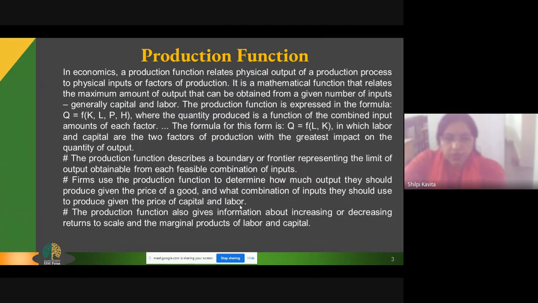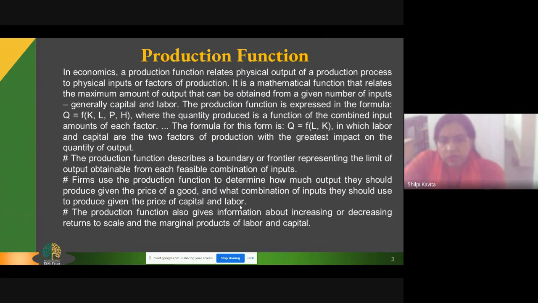The production function describes a boundary or frontier representing the limit of output obtainable from each feasible combination of inputs. There are many feasible combinations of inputs which a producer can have, and they see the amount of output obtained from each feasible combination of inputs, meaning the amount of labor plus other factors of production.